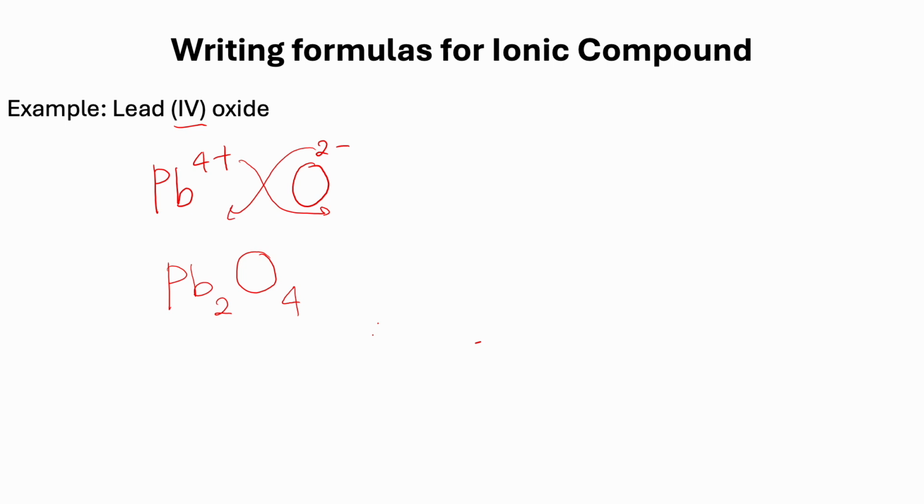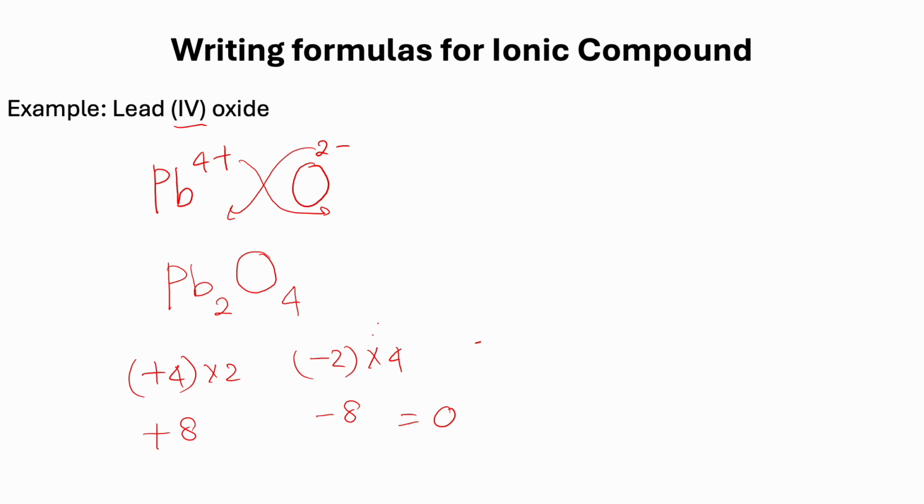So now lead is plus 4 and there are 2 of them. So you take total positive 8, and oxygen negative 2. There are 4 of them, which gives you negative 8. So charges balance out, and the total charge of the chemical formula is 0. So this is how you write the formula for lead 4 oxide.